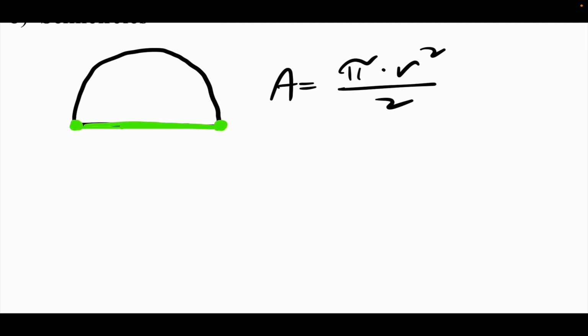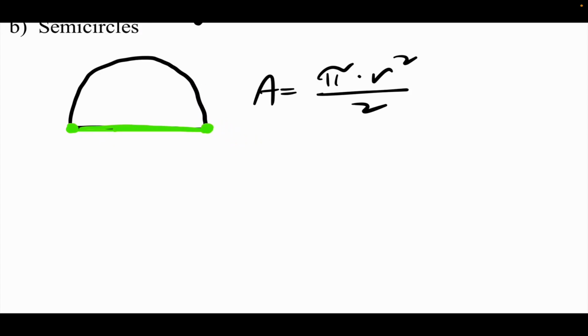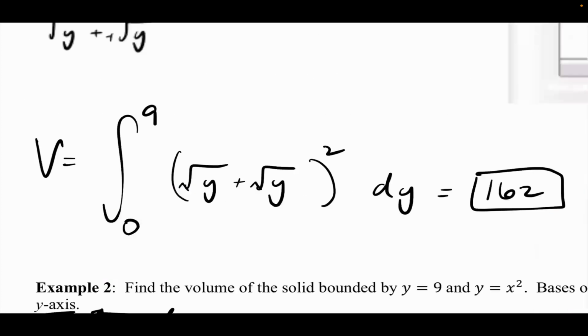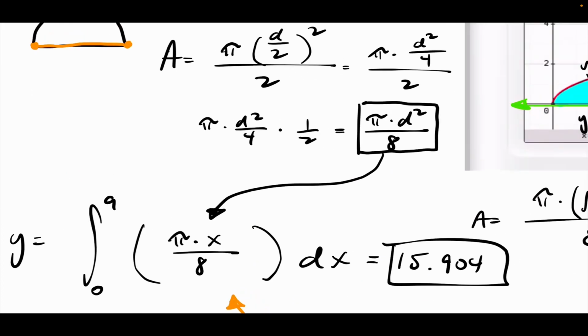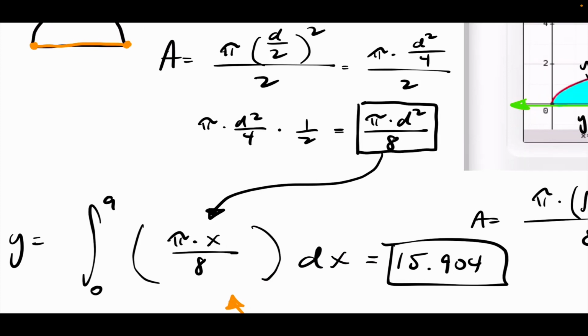So what was the area formula with diameters in it? Go back to what we did yesterday. It was pi times d squared over 8. This guy right here.